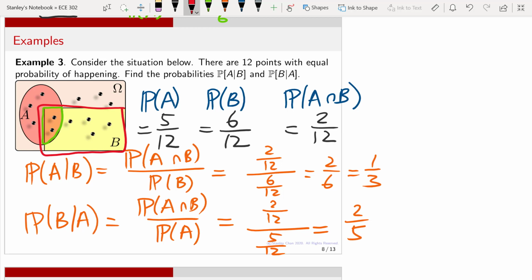There are 6 points inside this B, and therefore the conditional probability of A given B is 2/6, which is this number. We can also check the other conditional probability of B given A. B given A says that I am looking at this intersection, and then the base that I'm looking at should be A, and so I count. There are 2 points that are living in the intersection, and then 3 that are out. So altogether, I have 2/5.